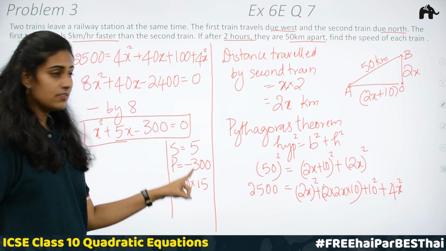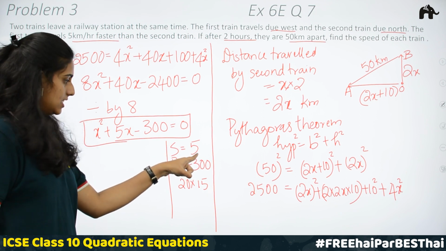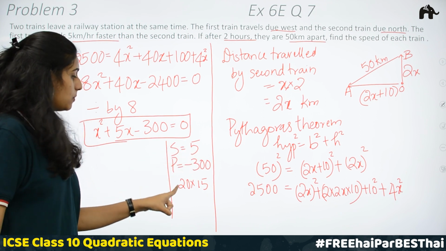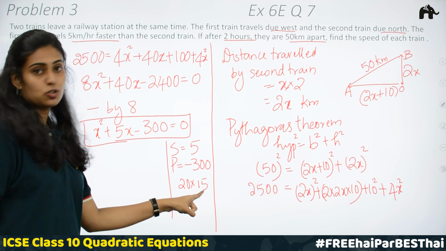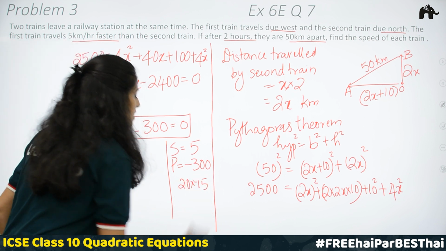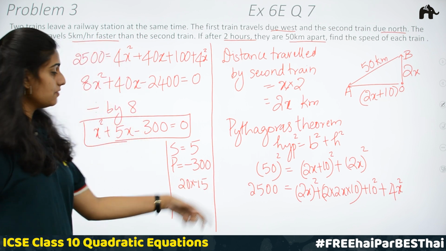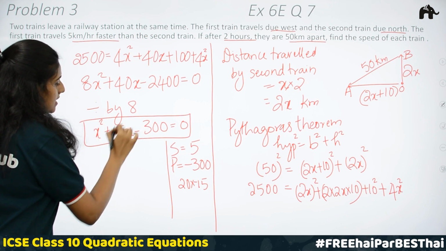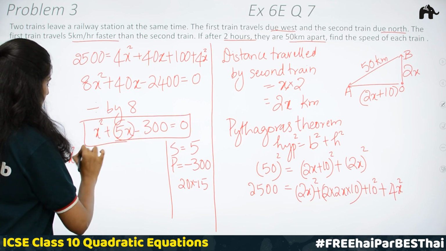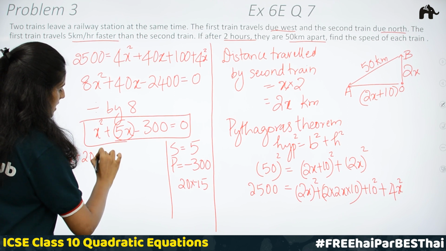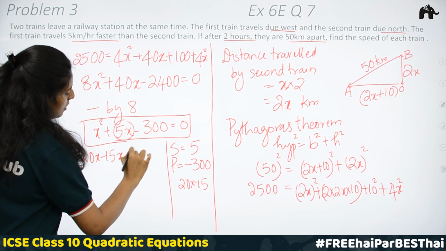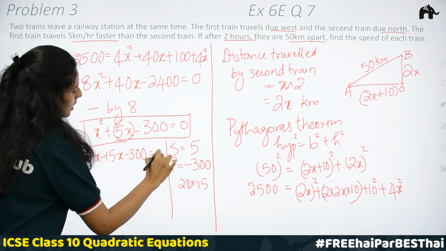Since the product is negative and the sum is positive, the greater number should be positive and the smaller number should be negative. So 20 into minus 15. We can split this middle term. We get x square plus 20x minus 15x minus 300 is equal to 0.